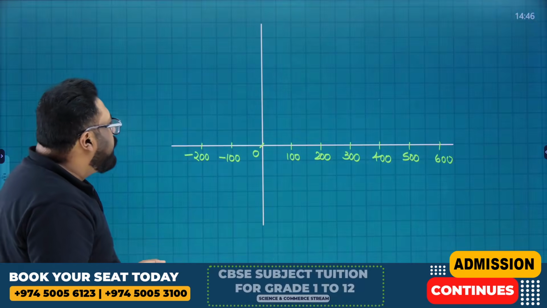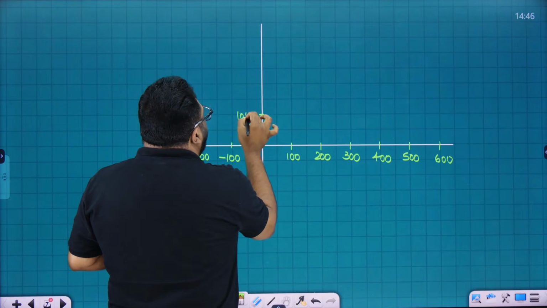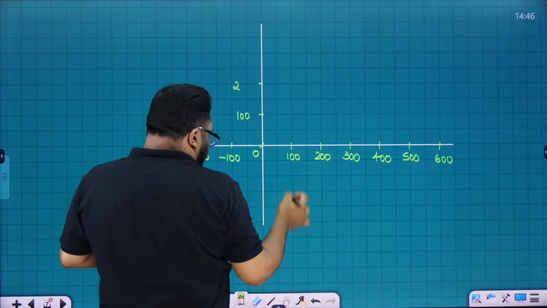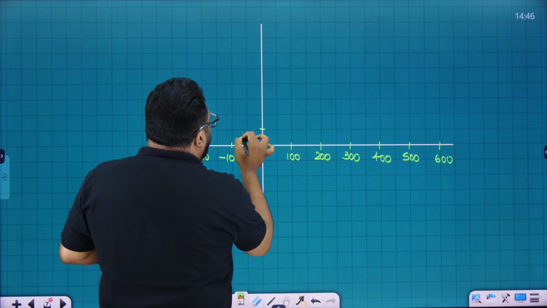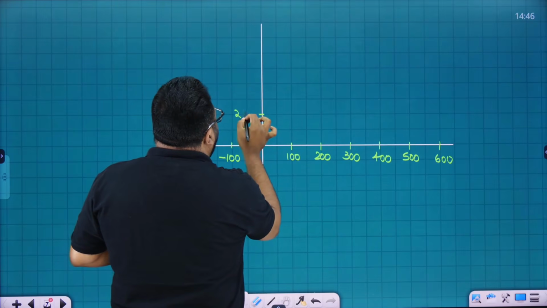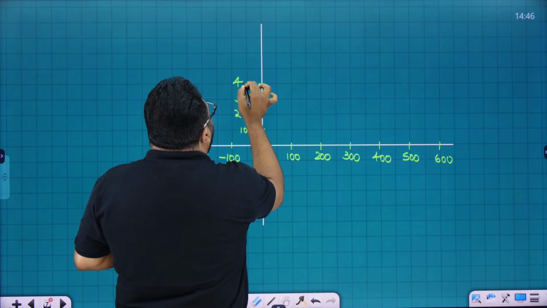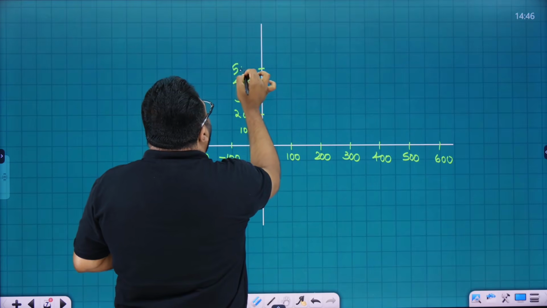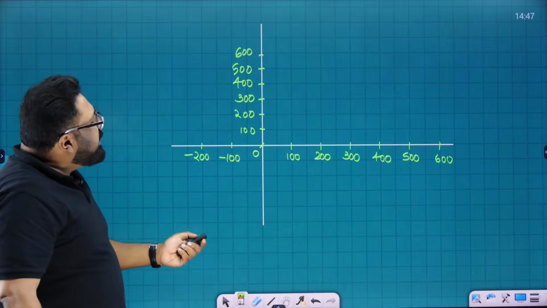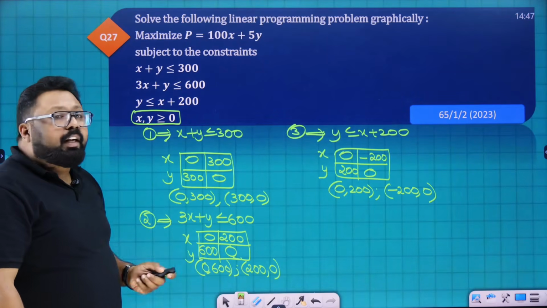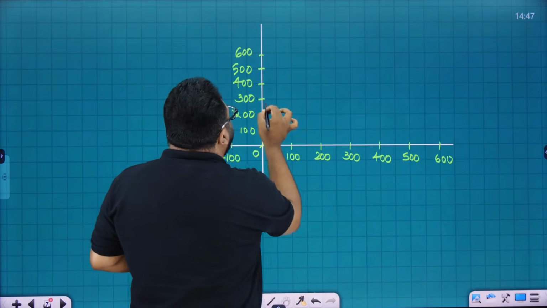My y has gone up to 100, 200, 300, 400, 500, 600. So the first point is 0, 300 to 300, 0.